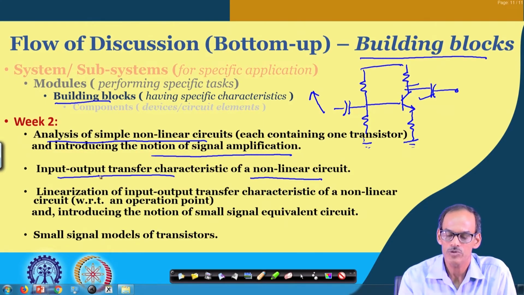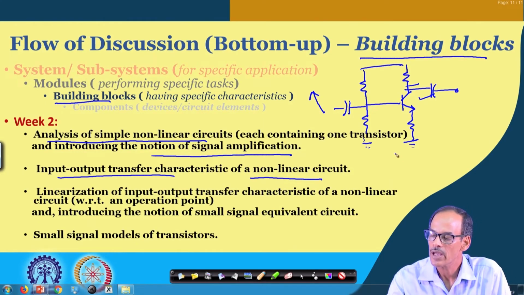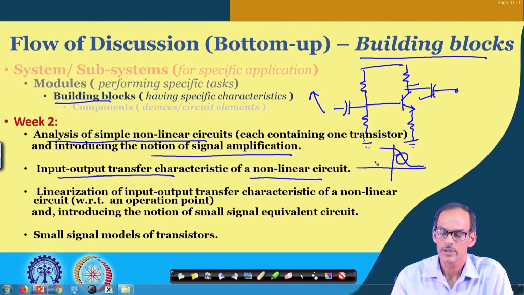How do we get the input to output transfer characteristic, and then the corresponding linearized part of it, around the operating point?